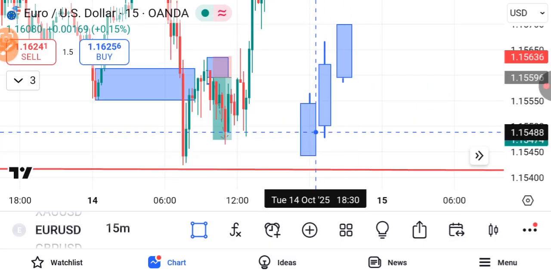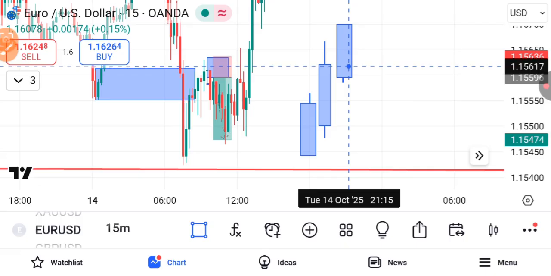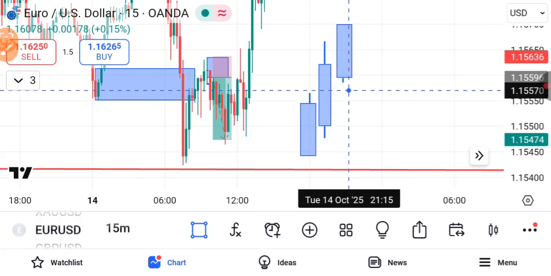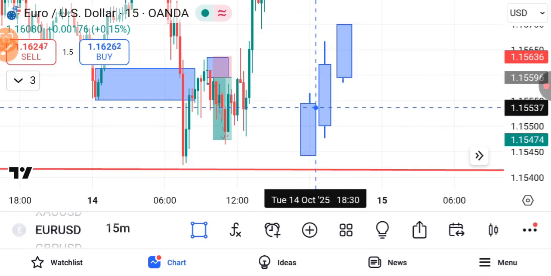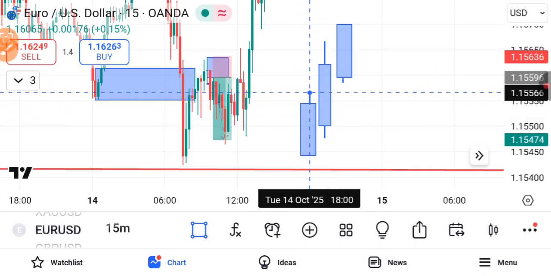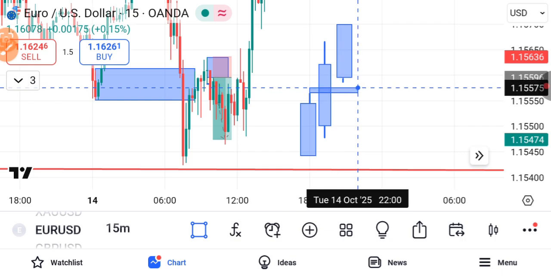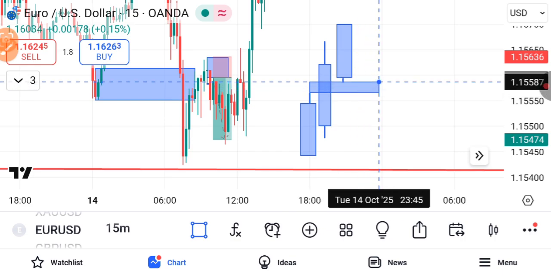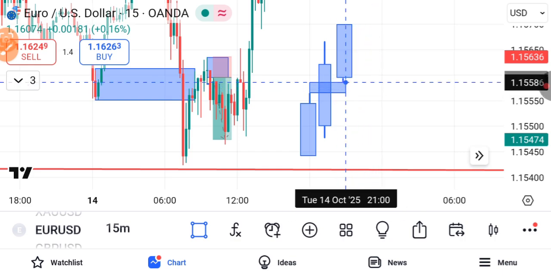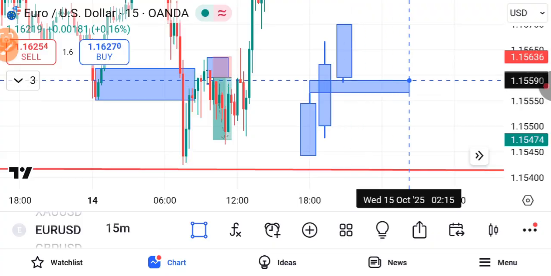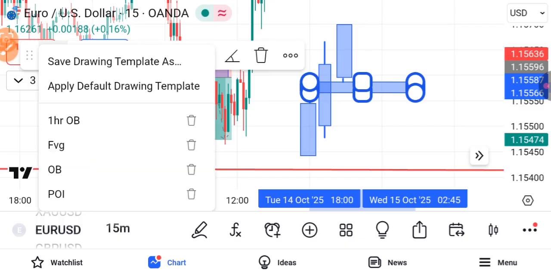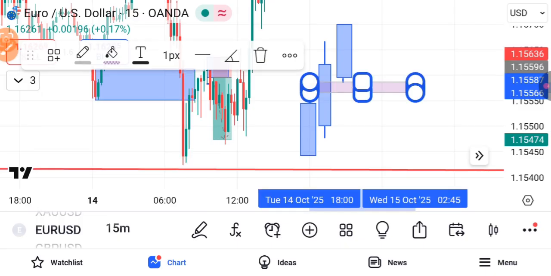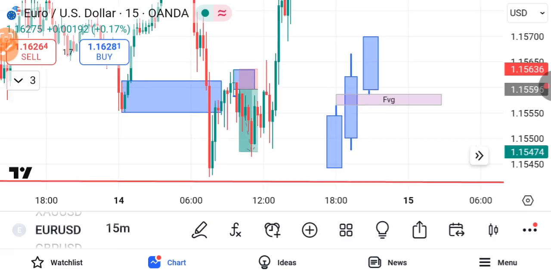This is the first candle and this is the third candle, they didn't meet. I mean, either their wick or body didn't attach with one another. From this place up to this place, this third candle wick didn't meet. So this is a fair value gap, an FVG.